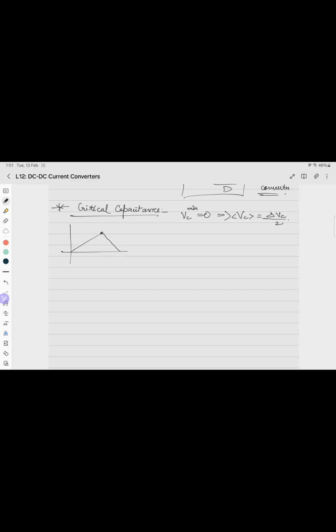This is VC versus time. This is the average value of VC, and this is one switching time period. You know that IC is C dV by dt, so delta VC by delta t.